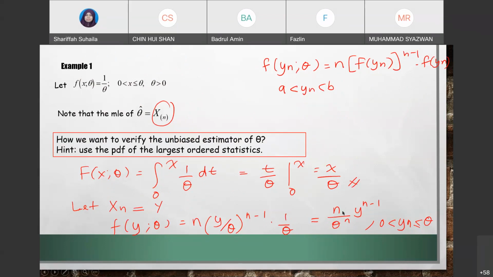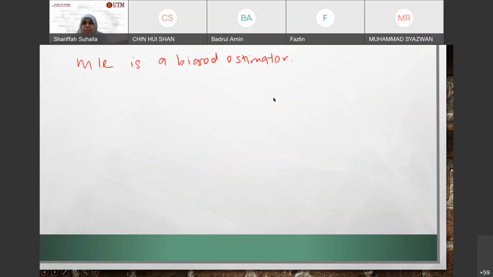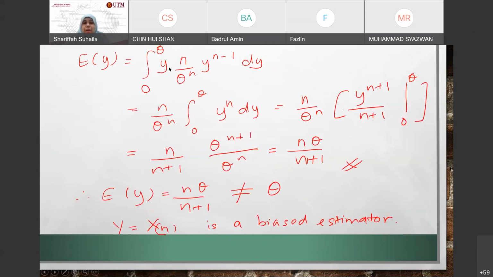Simplify this one. Okay, now kita nak verify dia adalah unbiased. So dapatkan expected value. Okay, this one, expected value of y multiply with your PDF of your largest order statistic.